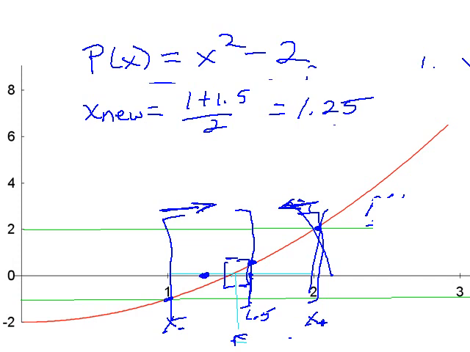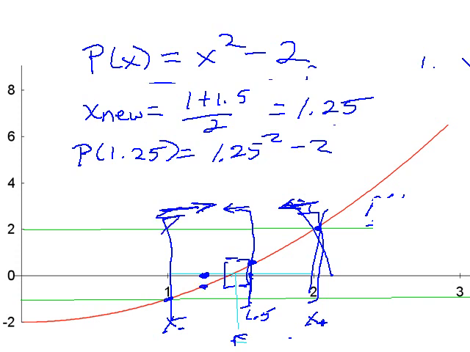Now I don't know whether that was a result of bringing this bracket up or that one down, so I find that out by putting the 1.25 into the equation and find out if it's negative or positive. So when I put it in the equation, I find that it's negative. So now I can get rid of this, and now my bracket consists of here to here. And that was the second iteration.